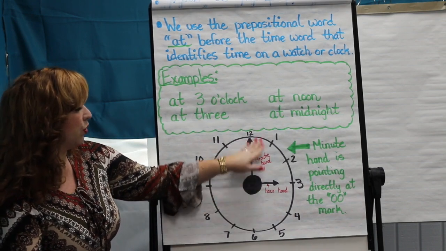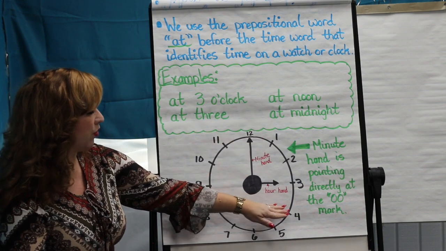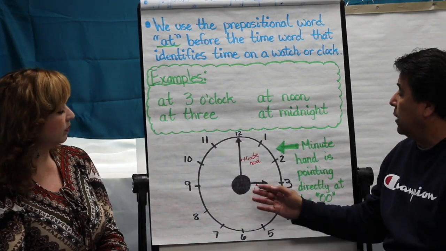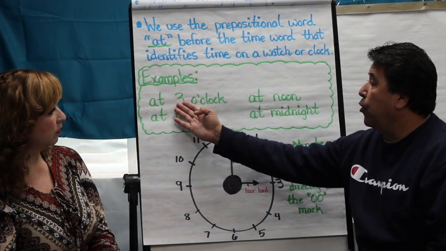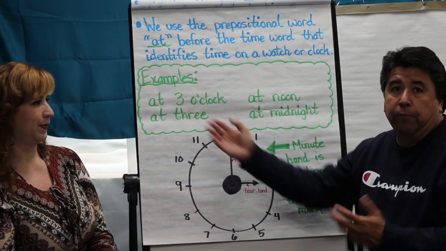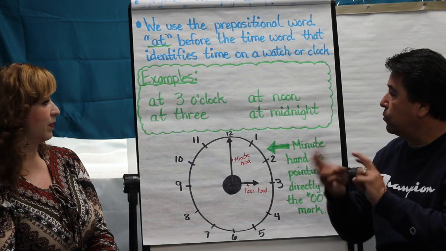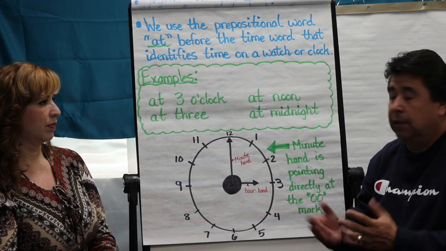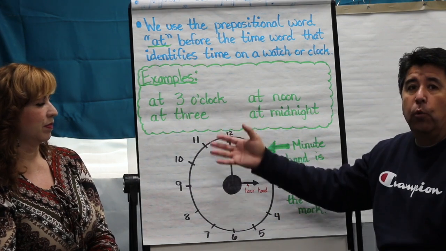And so you have different examples of how to use the time. Either I can say at 3 o'clock or simply at 3. Okay, so those are the two options you have. So either one is right. However, there are two ways of writing it.